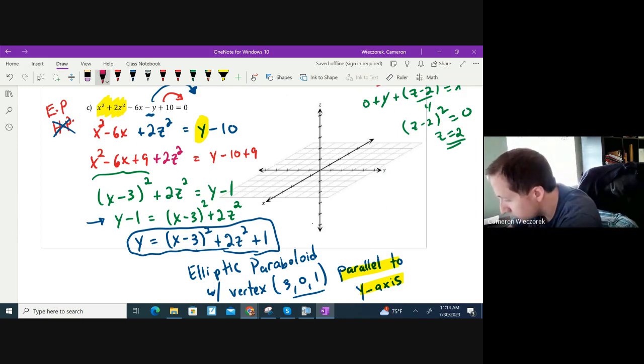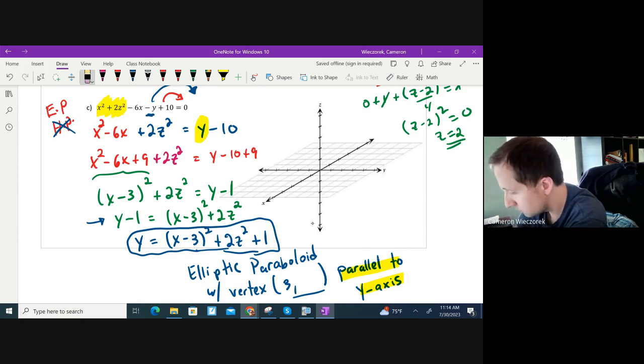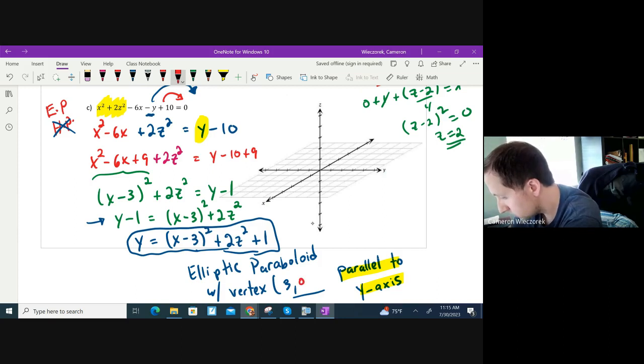Okay, so it's going to open to the right since it's got positive x and positive z. And it's going to have a vertex at 3 units out on the x. Oh, actually, no, pause. Y in this case is actually 0, my bad.